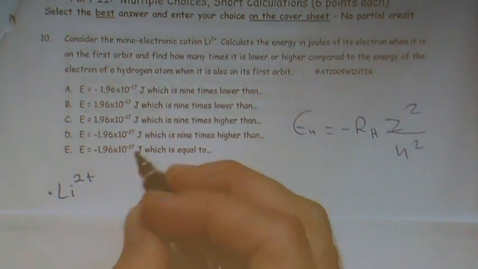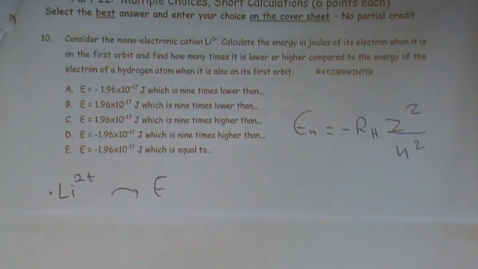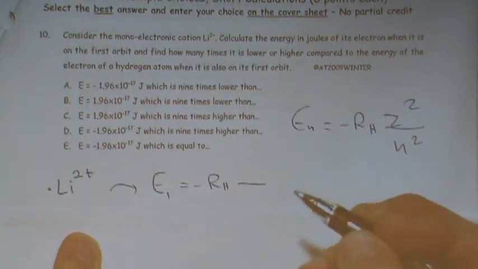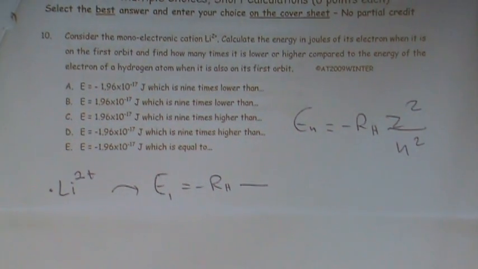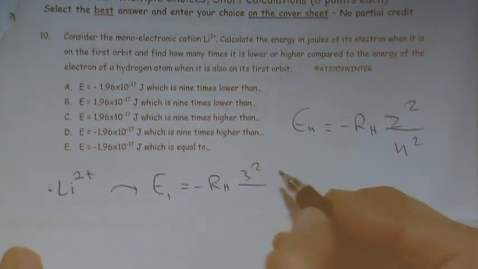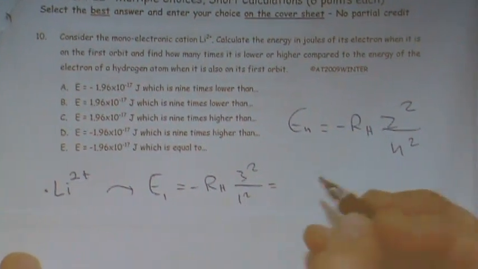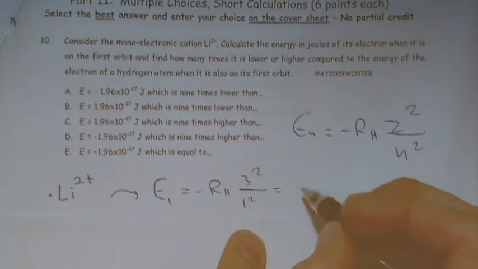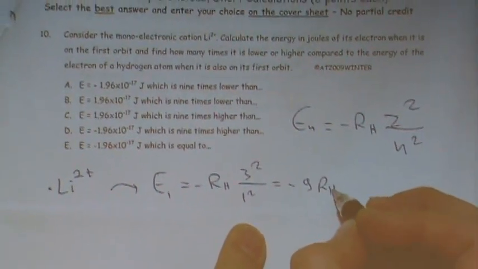Okay. So in that case, the energy in the first orbit, n equal to 1, will be equal to minus RH times 3 squared divided by 1 squared, because lithium has atomic number 3 from the periodic table. Eventually it's going to be minus 9 RH.